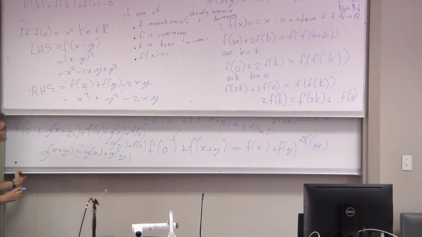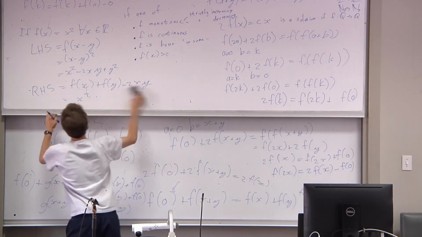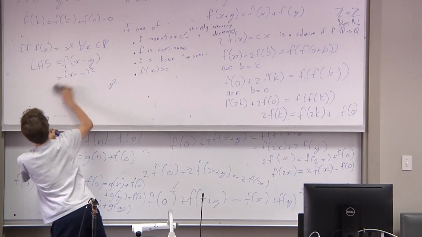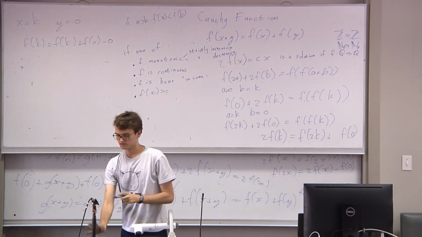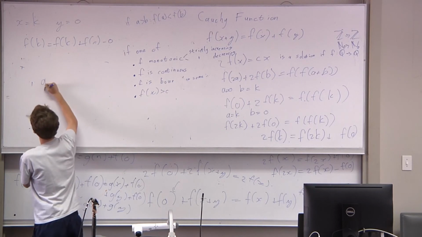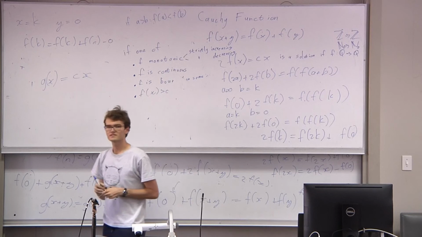Okay, so using that, we know that g of x must be c times x, where c is some constant.